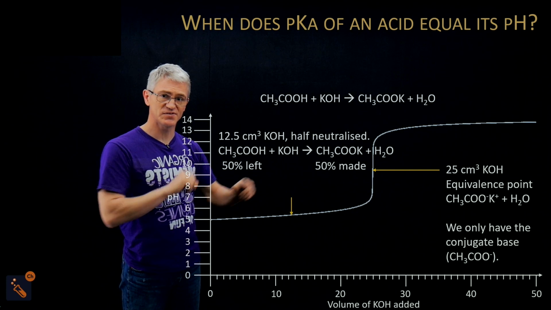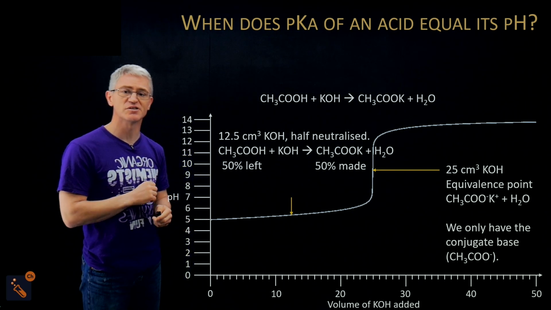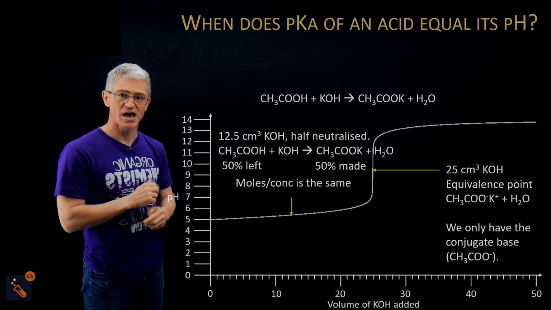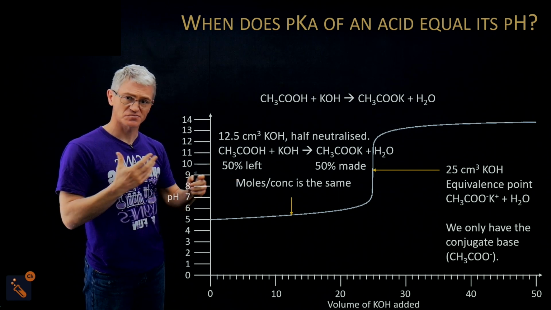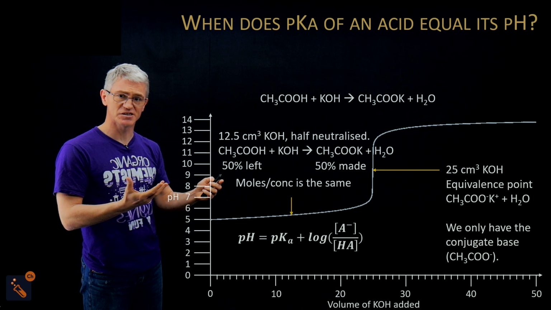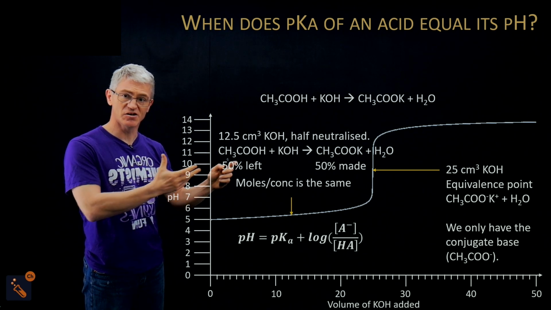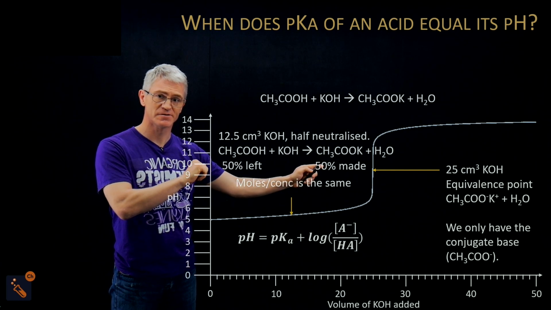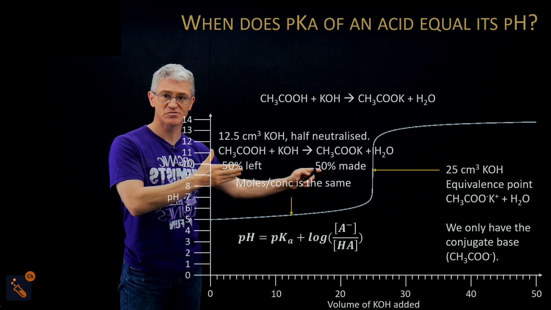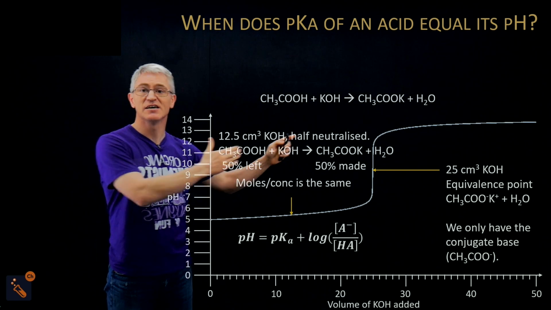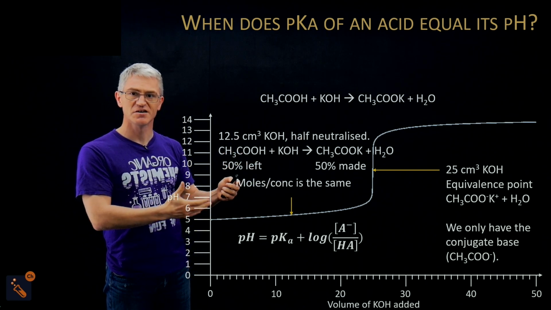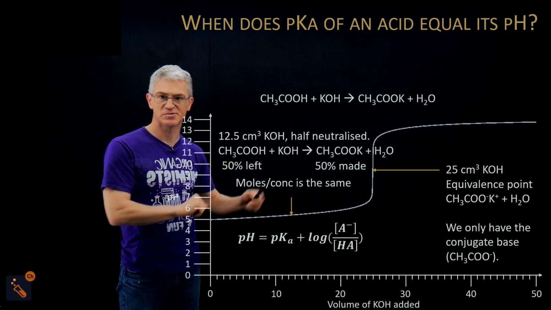We've got 50-50. Now, there's an equation called the Henderson-Hasselbalch equation. Okay, and essentially, what we can do is we can say, right, that means our moles that would be here and our moles that is here are literally the same number. Or if you do concentration here and you do concentration here, it's essentially the same number. Okay, because you've got 50% left and 50% made.